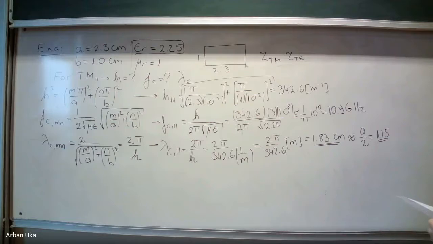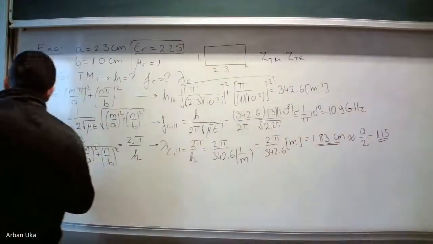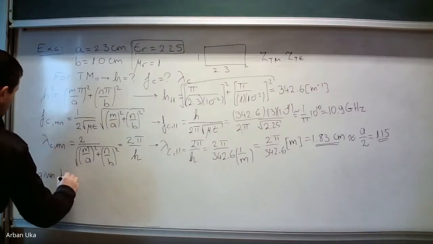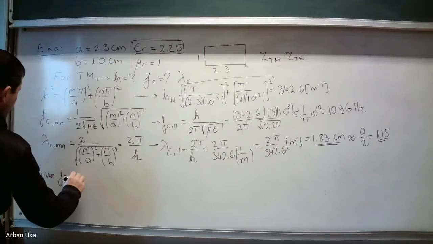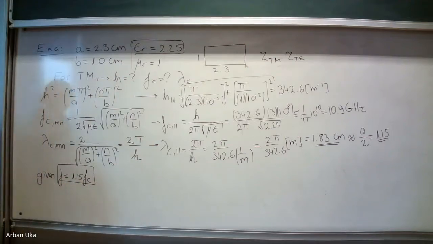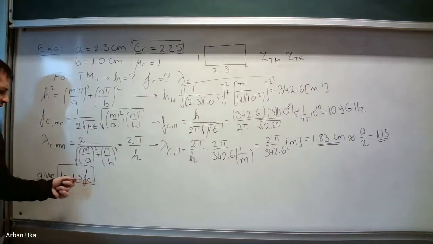And then let's assume for a moment a given frequency, which is equal to 1.15 times the cutoff frequency. So let's assume we found the cutoff frequency, it's 10.9 gigahertz, and let's assume a frequency which is 15% higher than this.